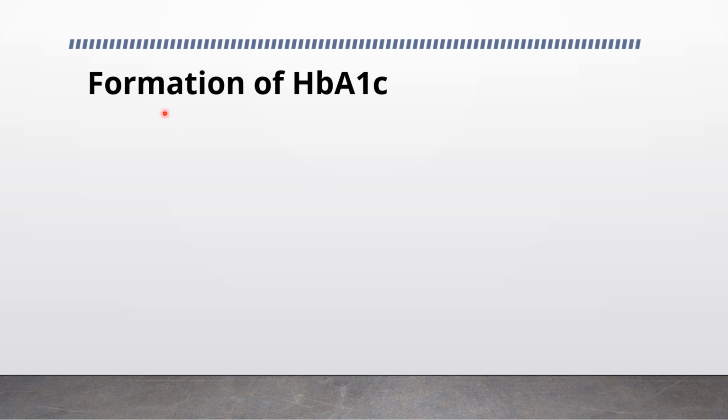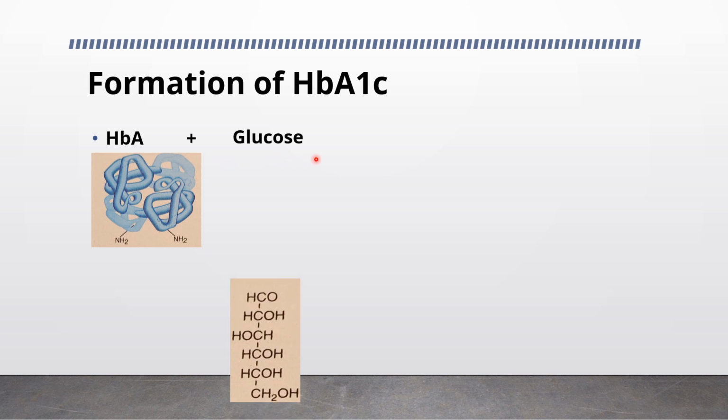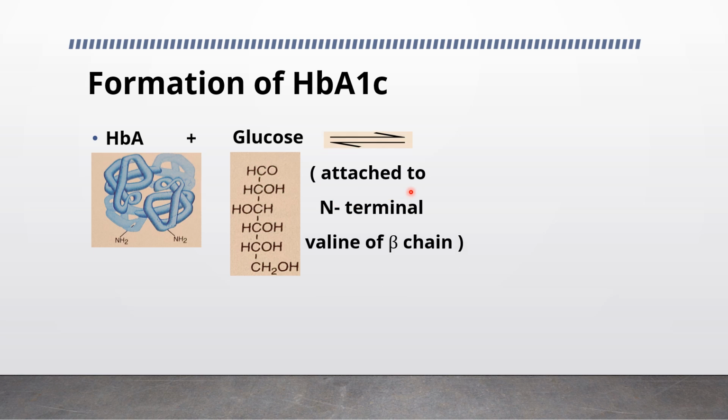After a brief introduction, let's see how this HbA1c is formed. What happens is this adult hemoglobin, which is the main HbA molecule, undergoes condensation with glucose molecules when they are present in excess amount in the blood, and these glucose molecules get attached to the N-terminal valine of the beta chain.